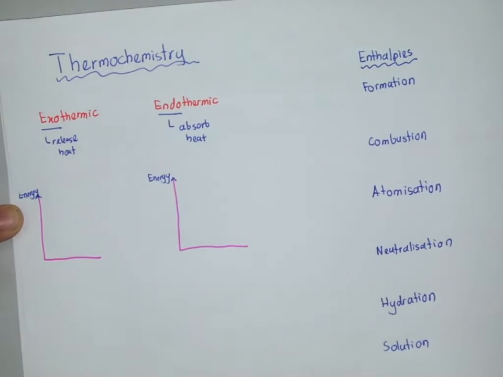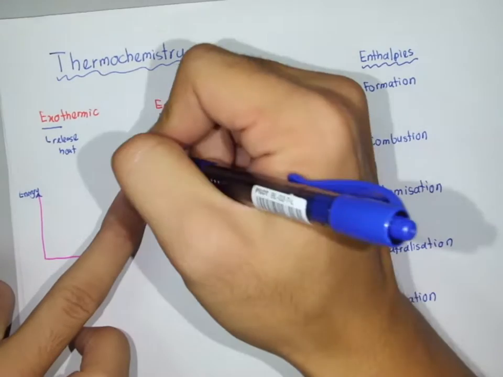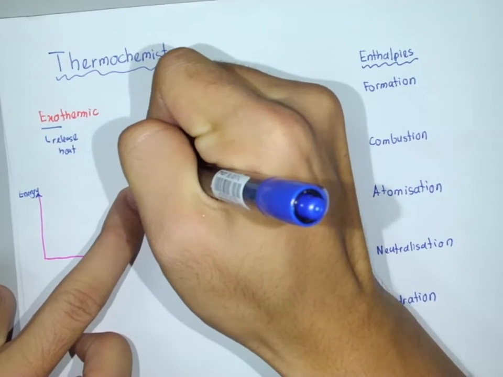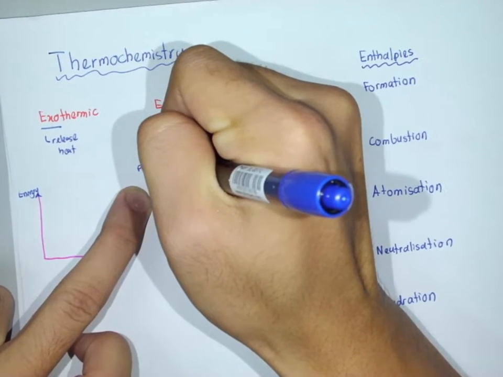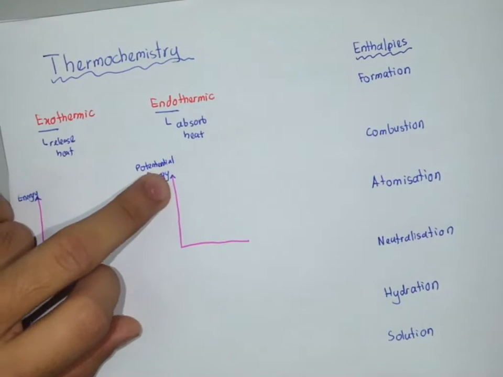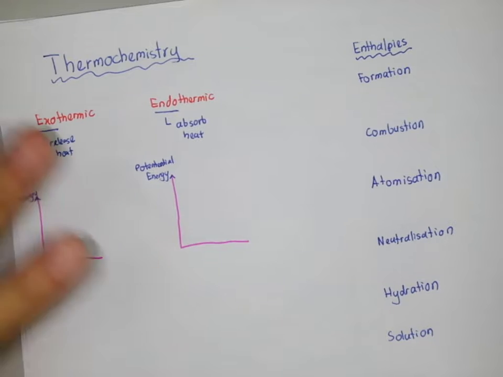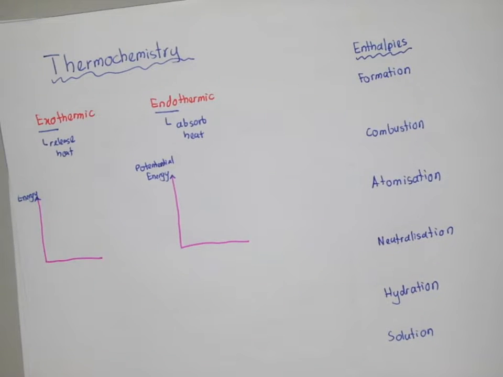But don't be surprised if some reference books you tengok dia cakap it does not say energy, but it say potential energy. So it also makes sense for the energy profile diagram to look at the potential energy lah.